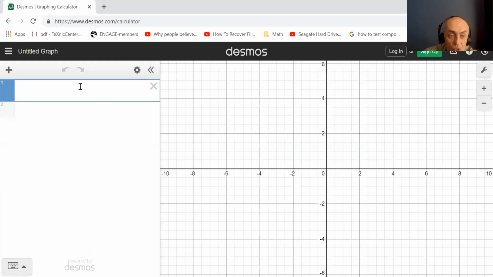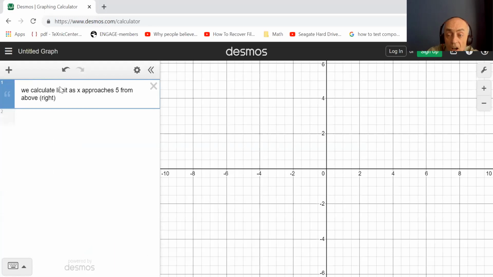Let's remember, we're going to put a note to ourselves here first. We're going to say we calculate the limit as x approaches 5 from above, or from the right side. Above means we're going down to 5, from the right side, numbers on the x line going towards 5, of the function.